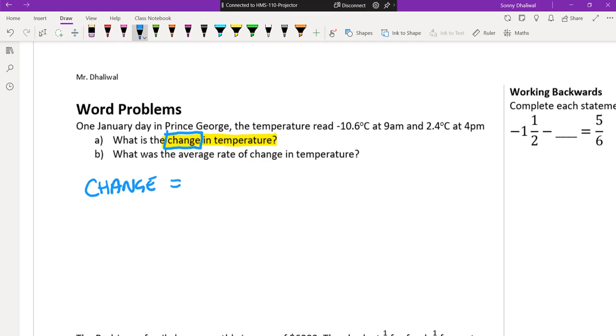It's always your final reading minus your initial reading. Doesn't matter what you're asked to find the change of, it's always final minus initial. What's the difference between what you started off from and where you ended up? Where you started, where you ended, what's the difference?